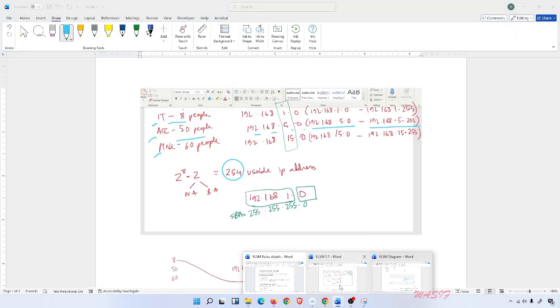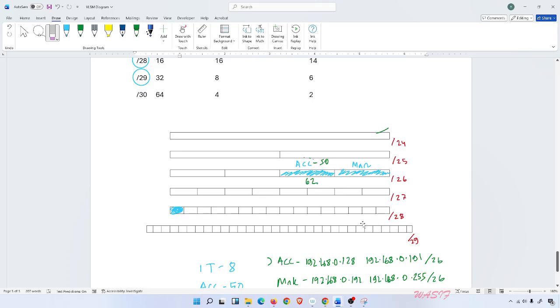Now if you look here, if you already took the accounting and the marketing from /26, you know that you cannot take this field for IT, because you have already taken this, so these are already dead. But had you started with IT from here, then you started accounting, now you need to remove the IT from here. It would create a mess. So never start with the smallest one, always start with the largest one.